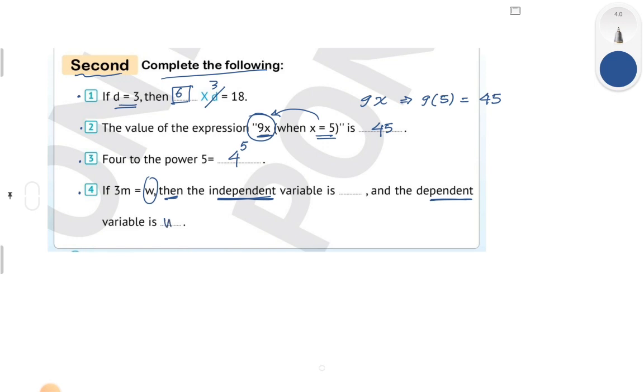So w is the dependent, and the variable which has some multiply or plus or whatever will be the independent. That's m. So because w is alone here, it's the dependent, and m is multiplied by 3, so I decided that m will be the independent variable.